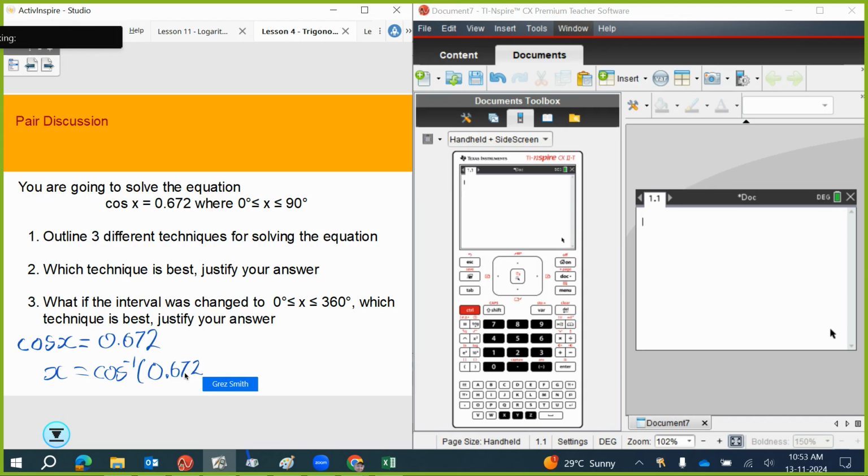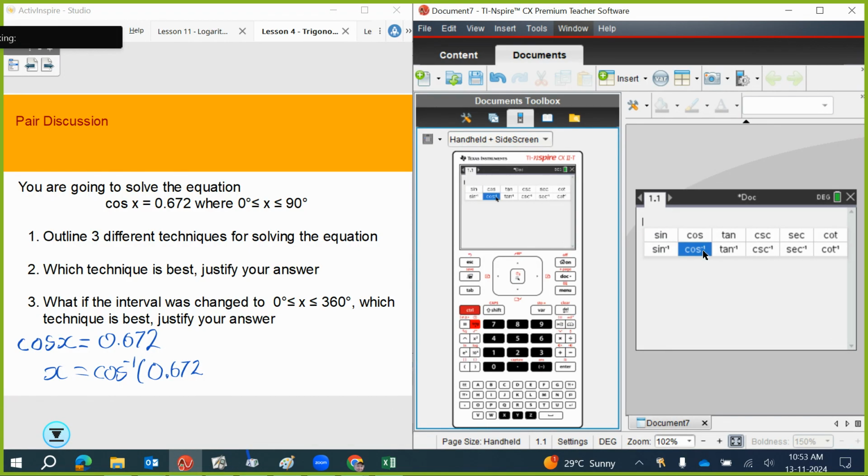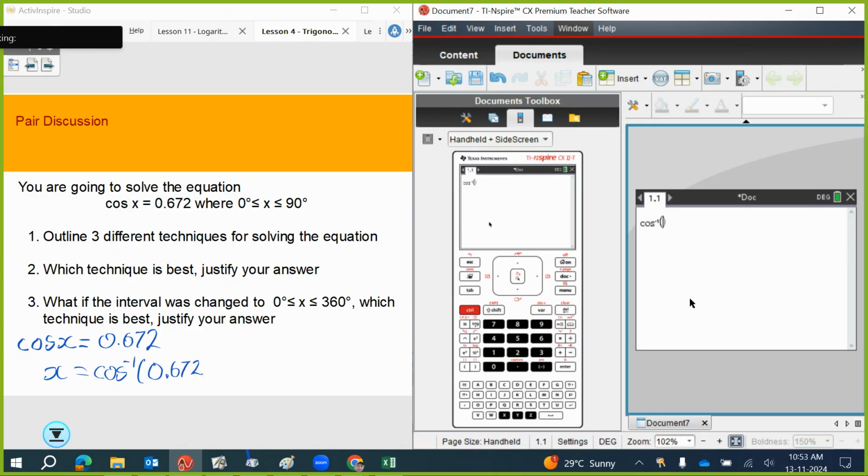So let's try this one on the calculator. We can take the trigonometry inverse cosine and then type in 0.672. And we get x is equal to 47.8.